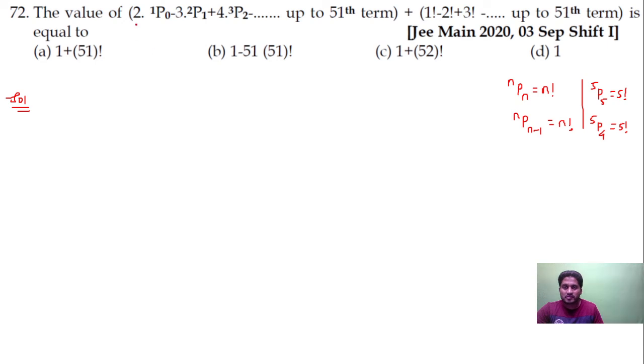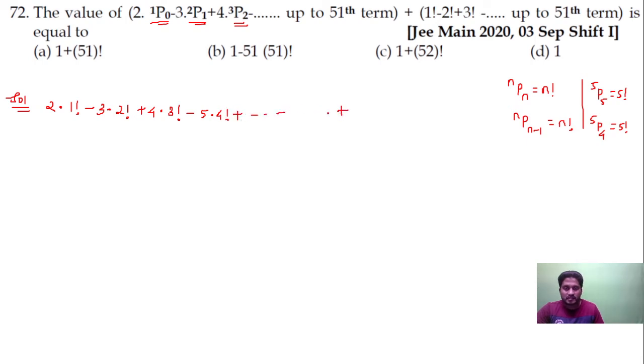So this 2 I'll keep as it is, into 1P0, which is 1 factorial, minus 3 into 2P1, which is 2 factorial. Next is 4 into 3P2, which will be 3 factorial. Obviously the next term is 5 into 4 factorial, and so on, this will continue.